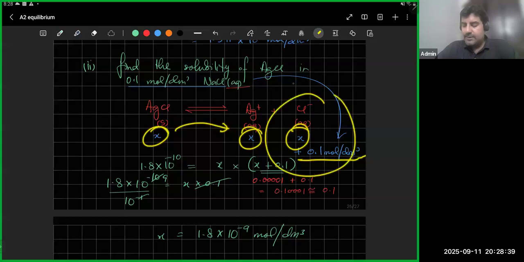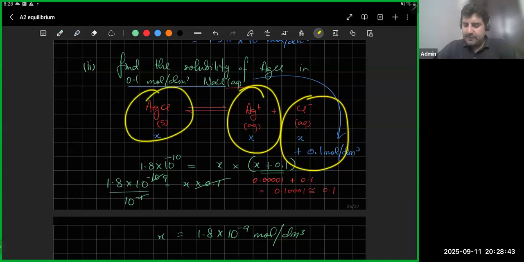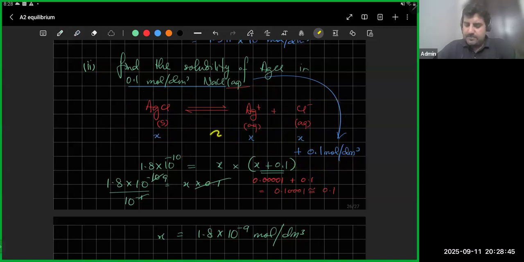So product concentration gave you Ksp. I told you to get rid of this X, which is kind of irrelevant, and we found the answer for X, which is way lesser now. So that's solving the question the other way around.